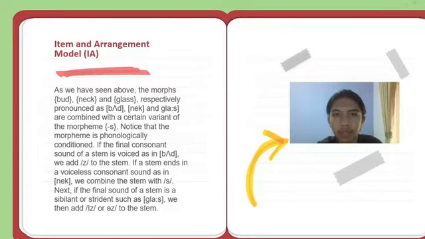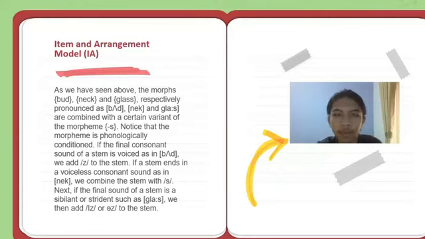Take, for example, these three plural nouns: buds, necks, and glasses. They contain three morphs or items, namely z, s, and iz, which signify the meaning of plurality, and we can also say the three are variant forms of the morpheme s.